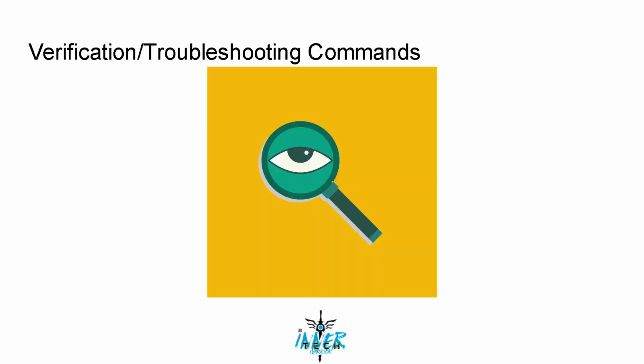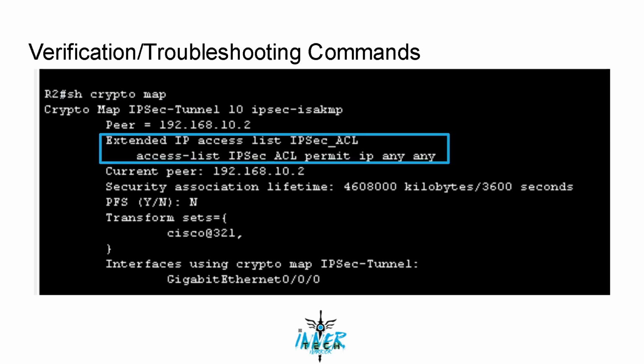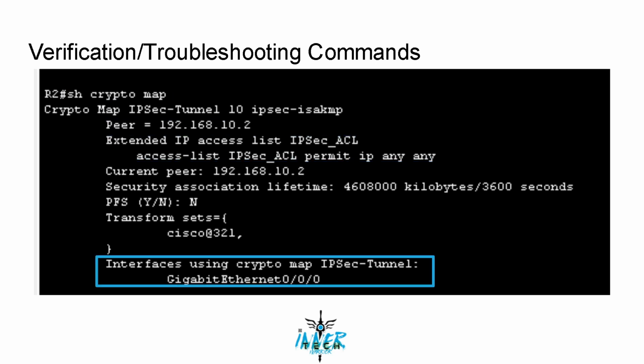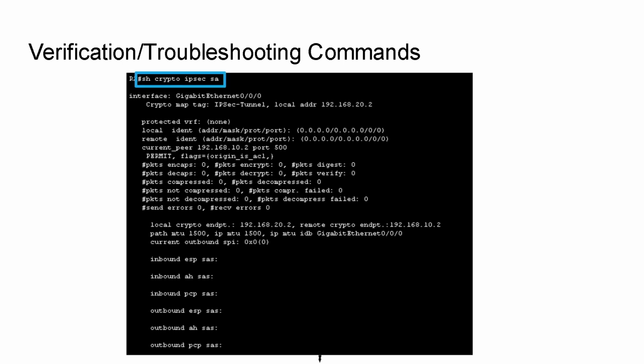Awesome. Now let's look at a few quick troubleshooting commands. Show crypto map gives us some basic crypto map information, which includes the peer, the IPsec_ACL list, and the interface the crypto map is connected to. The show crypto isakmp sa command shows us the destination and source of the tunnel and its status.